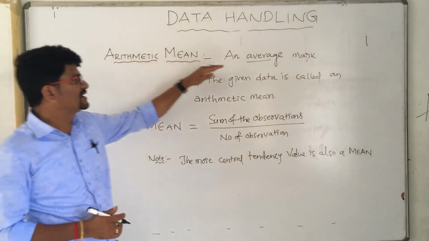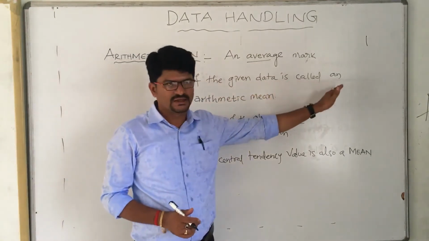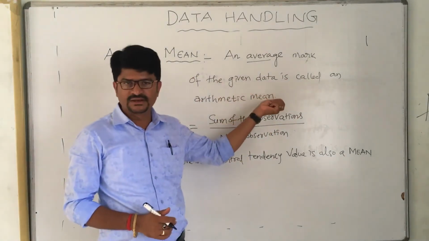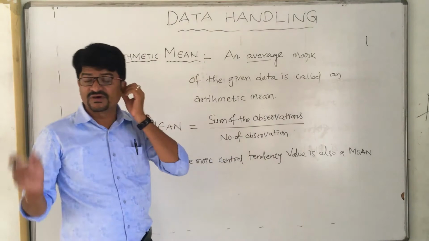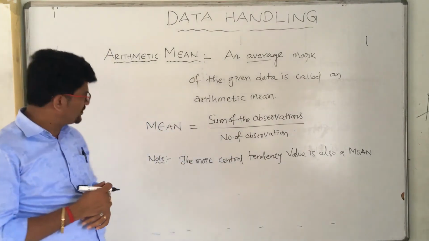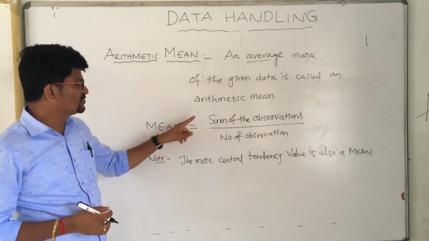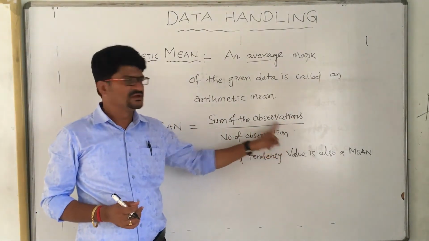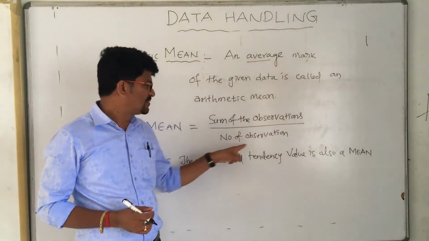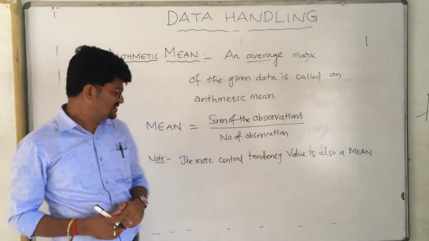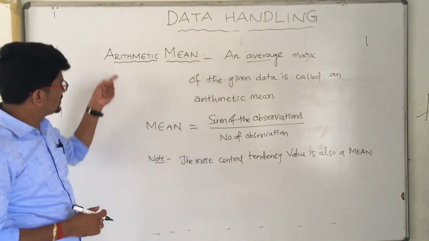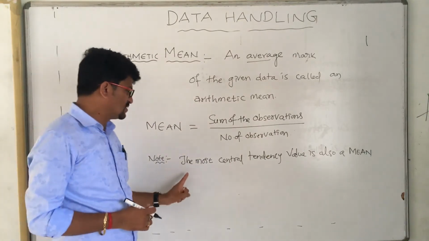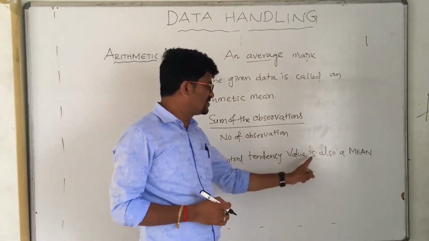So finally, the first representative value of data is arithmetic mean. Arithmetic mean is nothing but an average mark of the given data. For that we can give the formula for mean: mean is equal to sum of the observations by number of observations. At the same time, this mean is also the most central tendency value.